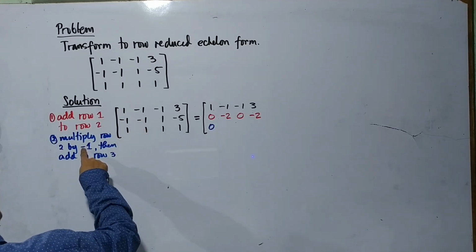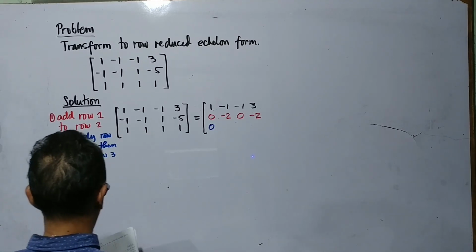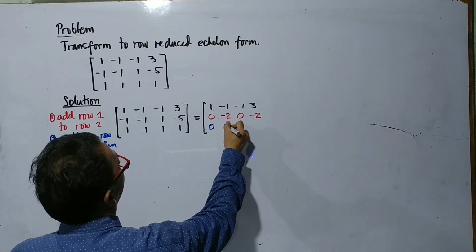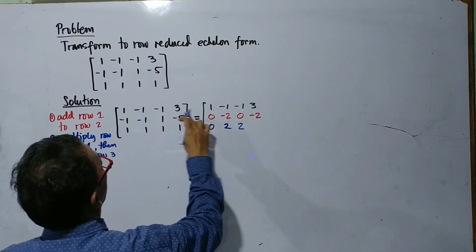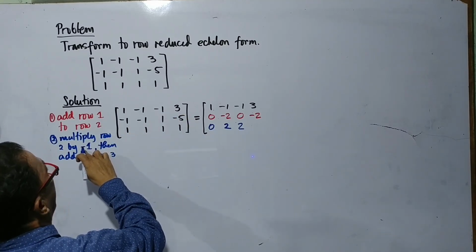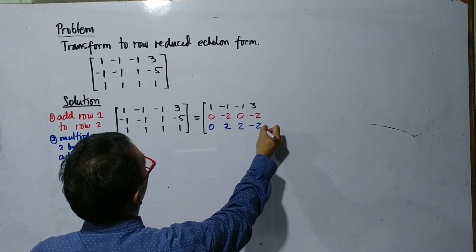Negative 1 times negative 1, positive 1, plus 1 equals 2. The same thing here. 3 times negative 1, negative 3, plus 1 equals negative 2.